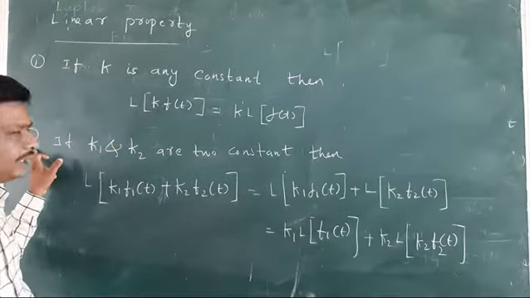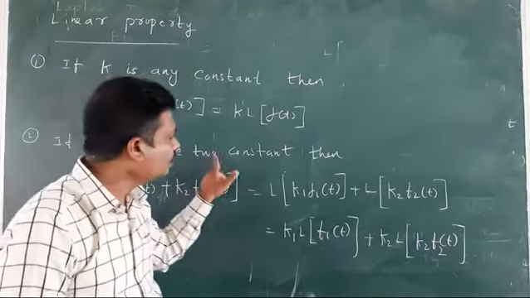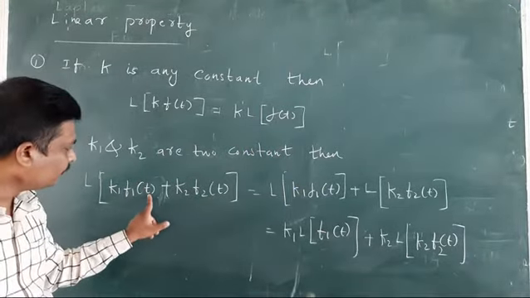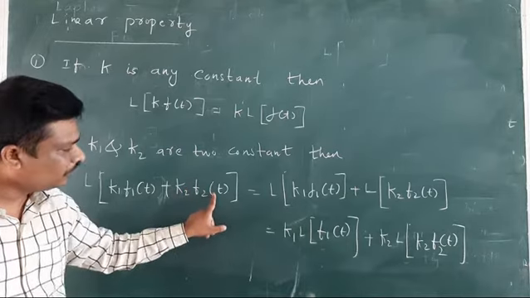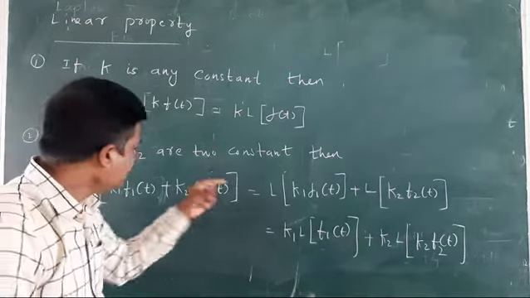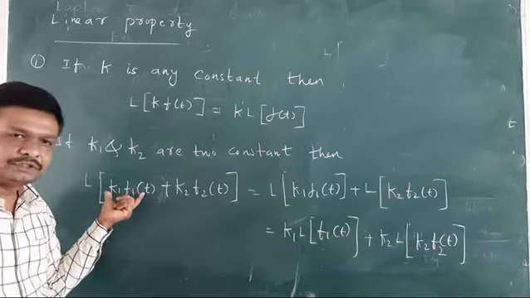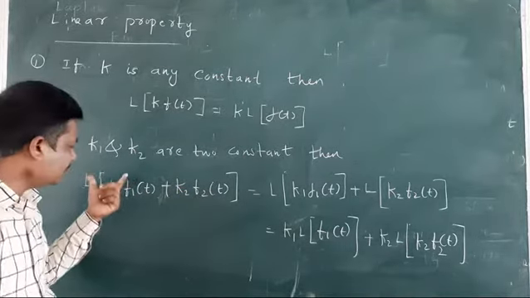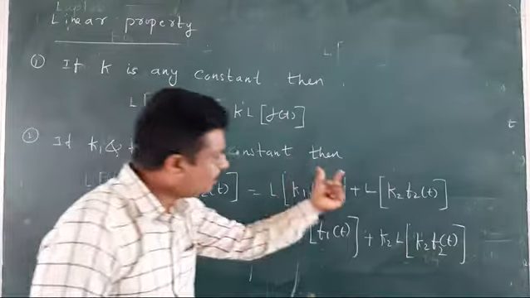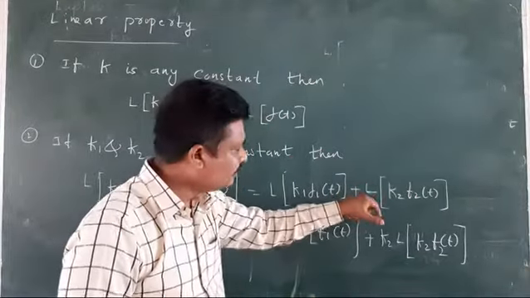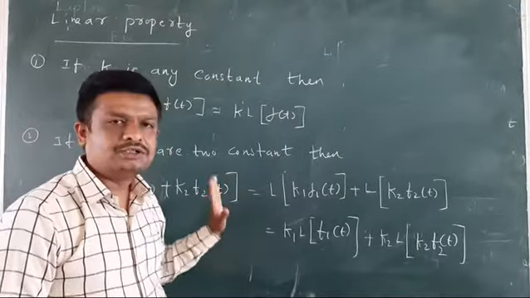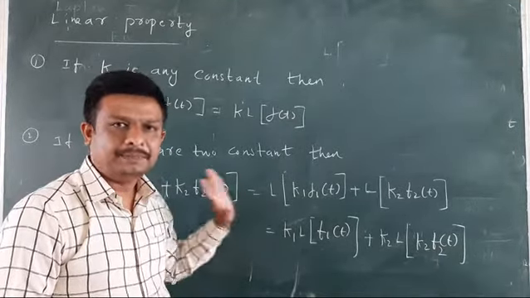Similarly, the second property is, if k1 and k2 are two constants, then Laplace of k1 into f1 of t plus k2 into f2 of t is given by, first I will find Laplace of the first function as well as Laplace of the second function separately, that is Laplace of the first function plus or minus. If it is minus, then also this property is applicable, but this property is not applicable for division and multiplication.